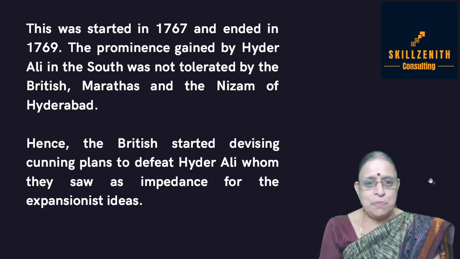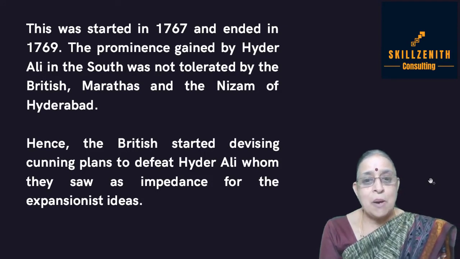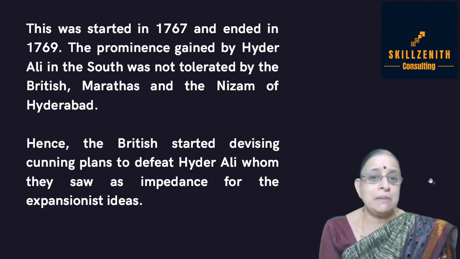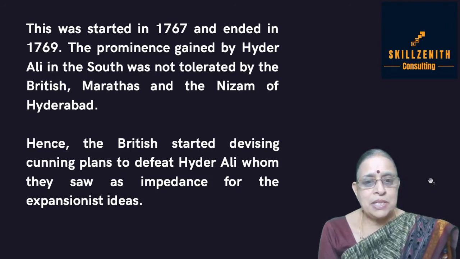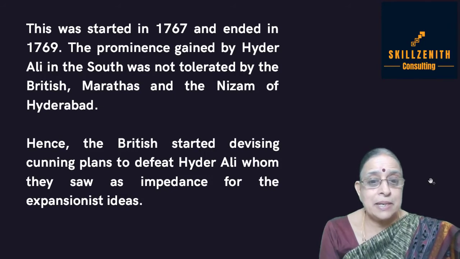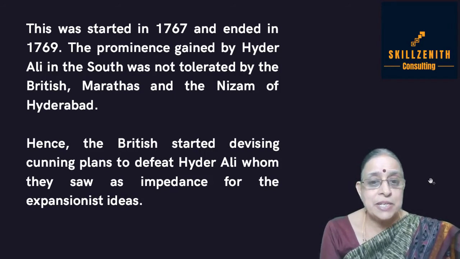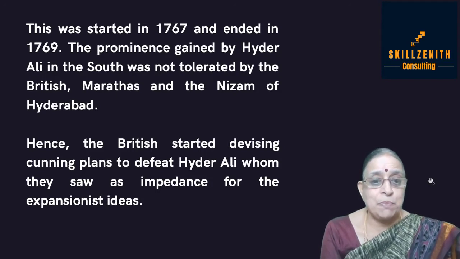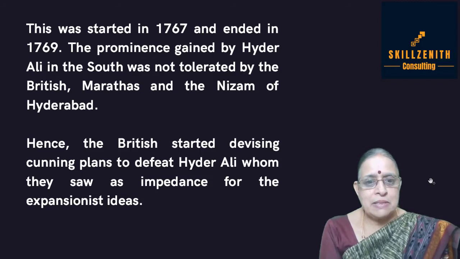Now British began to realize the fact that Hyder Ali was the obstacle. ಅವನ್ನೇ ನಮಗೆ ಮೇನ್ ಅಡ್ಡಿ, ಆತಂಕ ಸೌತಲ್ಲಿ ಅಂತ. So the British soon realized the fact that Hyder Ali was coming in the way of their expansionist ideas. Expansionist ideas andre ideas to expand the kingdoms, to have political supremacy in the south.